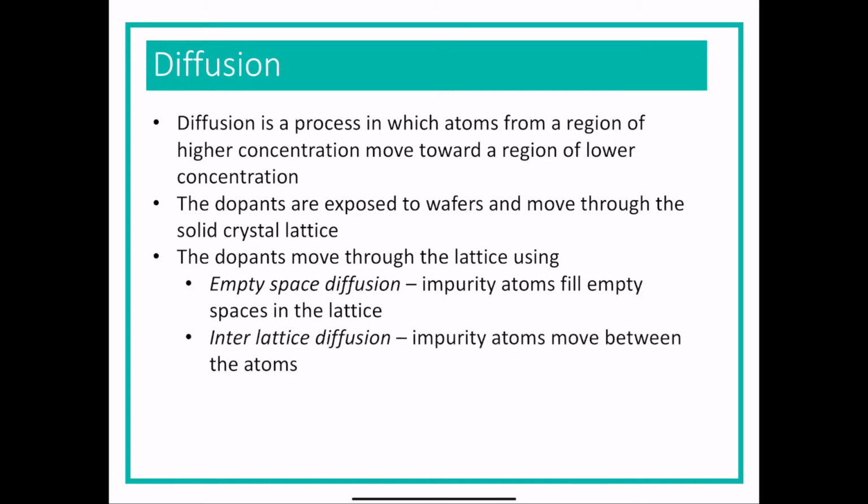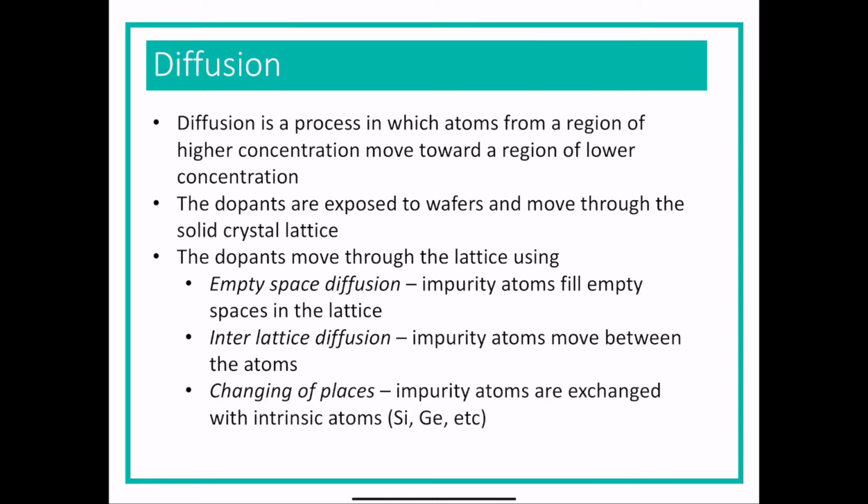We can have interlattice diffusion, where the atoms are moving in the lattice, but they aren't part of the lattice. And then there can actually be kind of changing of places where some impurity atoms are exchanged with intrinsic atoms. All of this happens when diffusion happens.